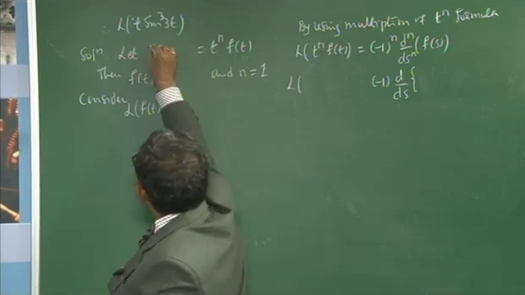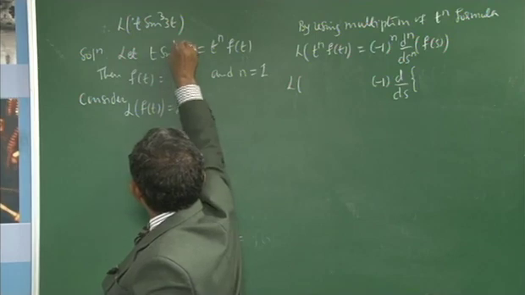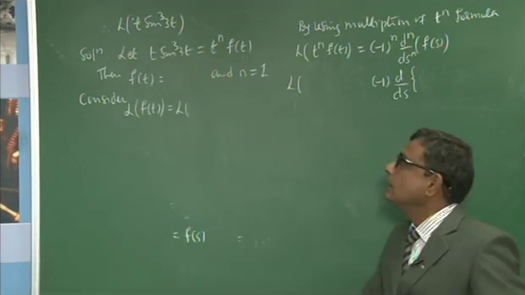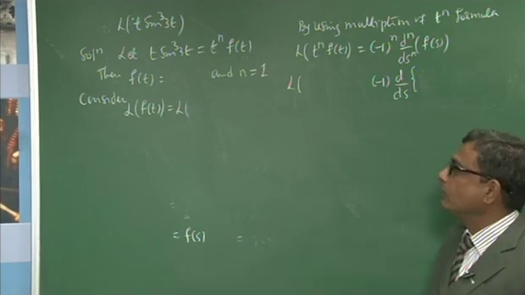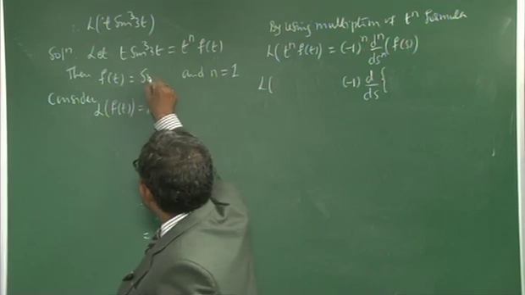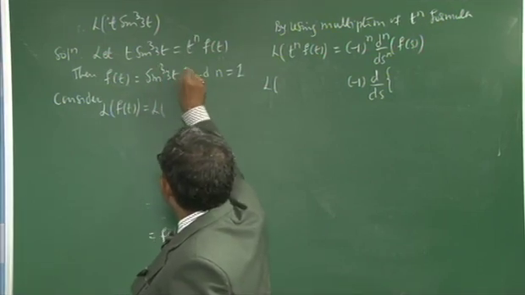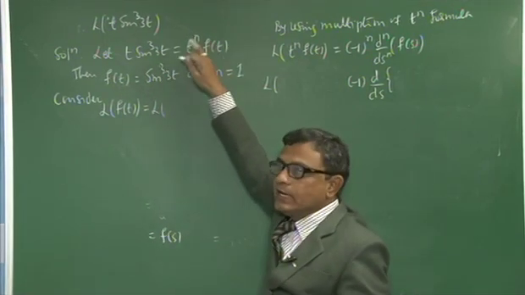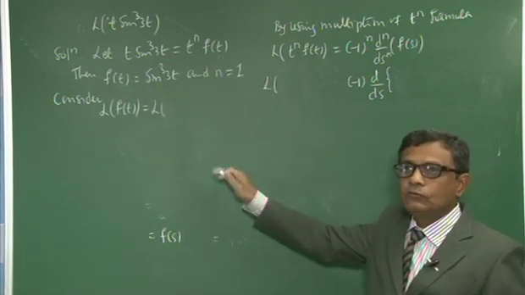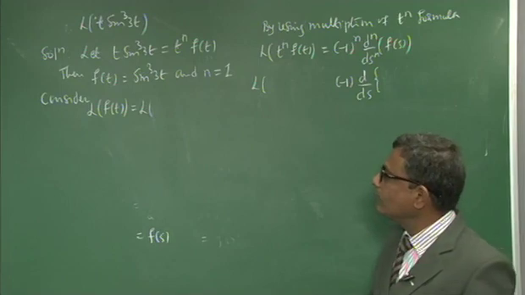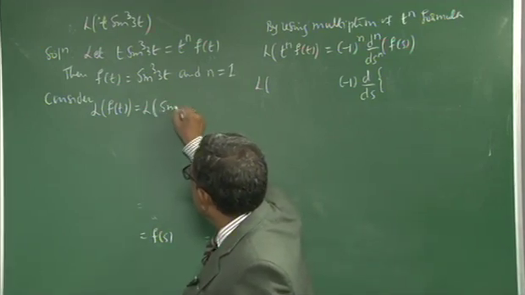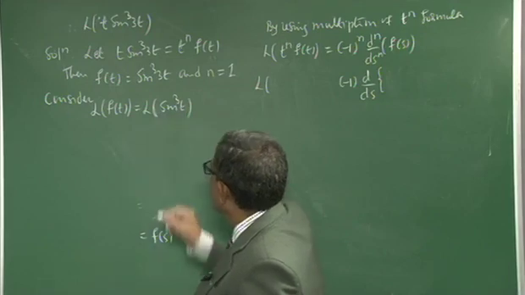Yes, now if you consider t into sine cube 3t, that is equal to t raised to n f of t. What is your function? F of t is sine cube 3t, and t raised to n is t to the power 1 here. Now here you have to find the Laplace transform of f of t. What is f of t? L of sine cube 3t only.